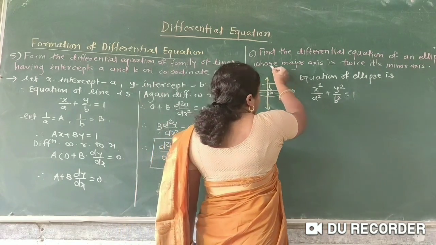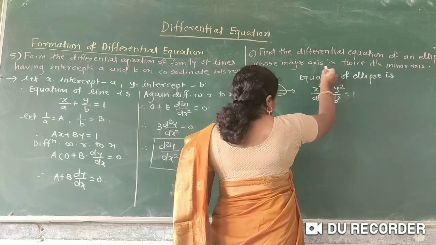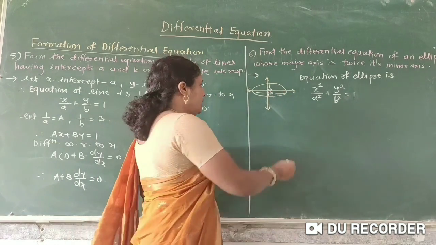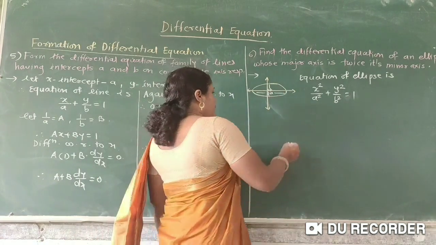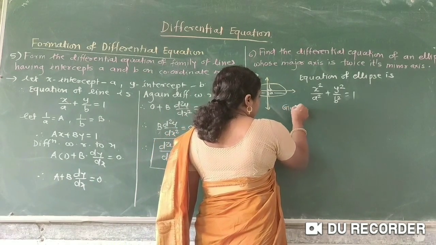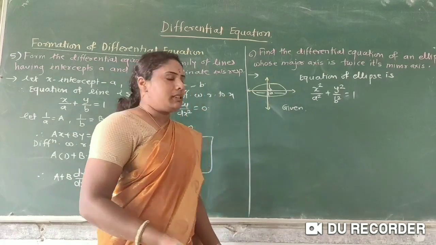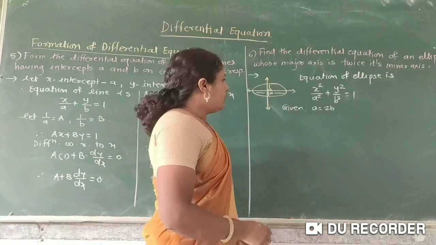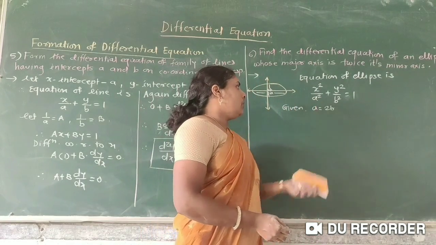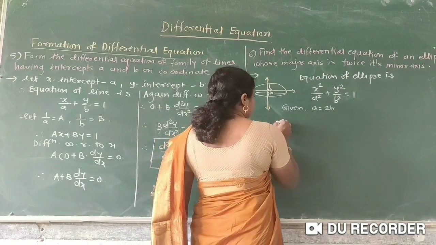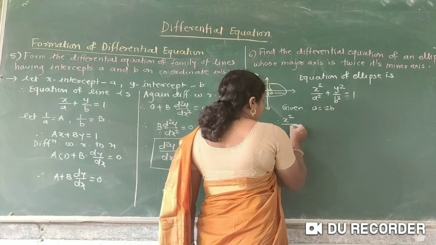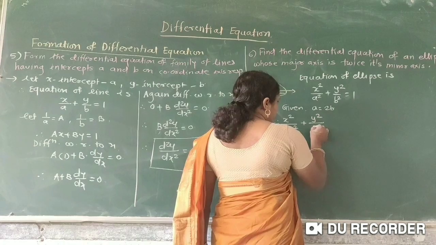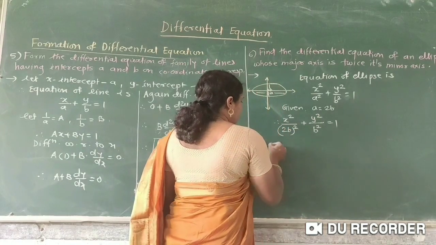Next, given that the ellipse has a major axis twice its minor axis, if the x-axis is the major axis whose length is 2a, then a is equal to 2b. Substitute this value in this equation. We get x square upon (2b) square plus y square upon b square is equal to 1.